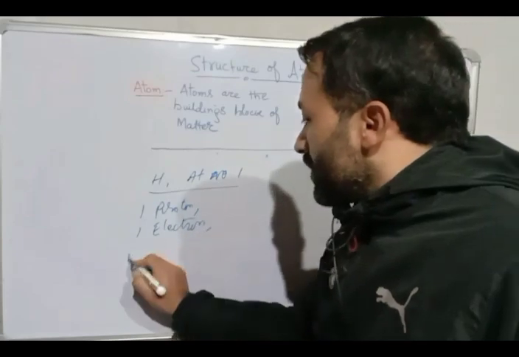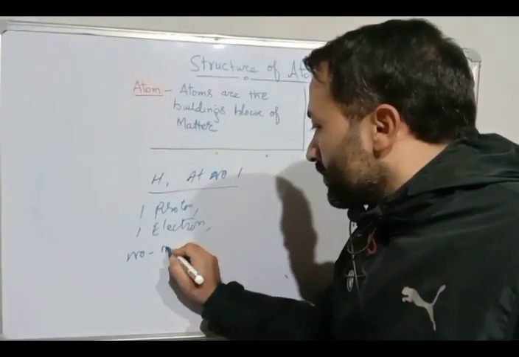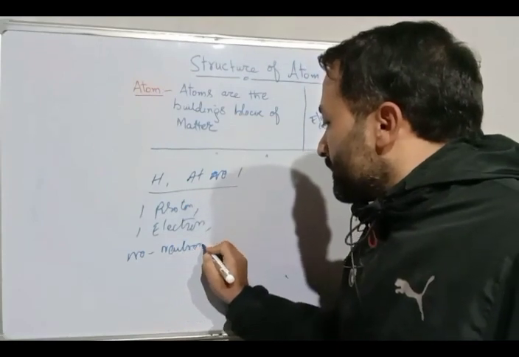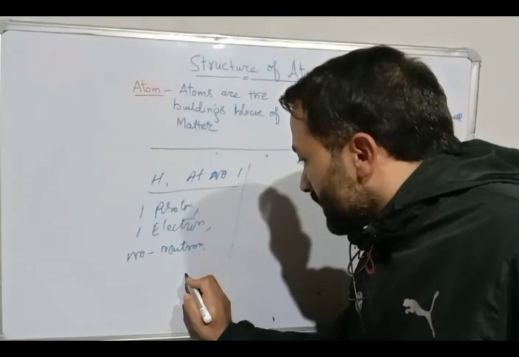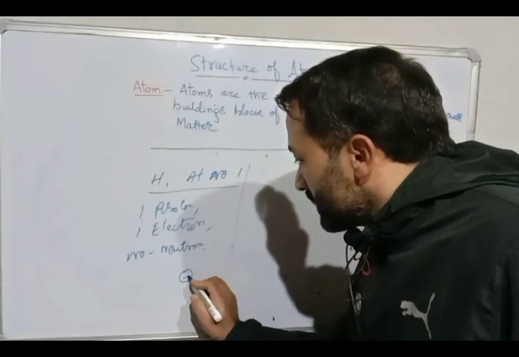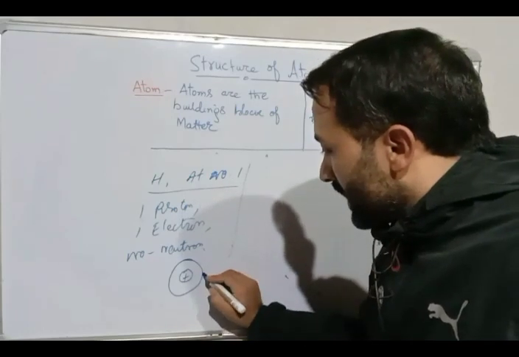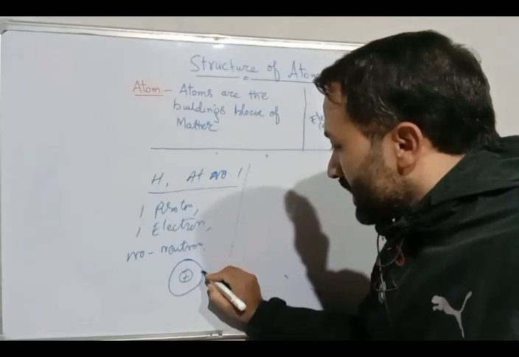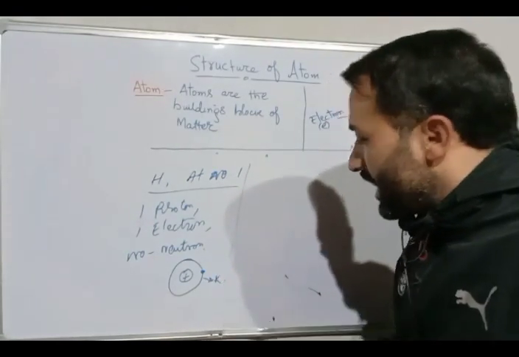There is no neutron present in the nucleus of a hydrogen atom. Let's draw the structure. Suppose this is the nucleus of the hydrogen atom, and this is the first shell. This first shell contains one electron. The first shell is named the K shell.